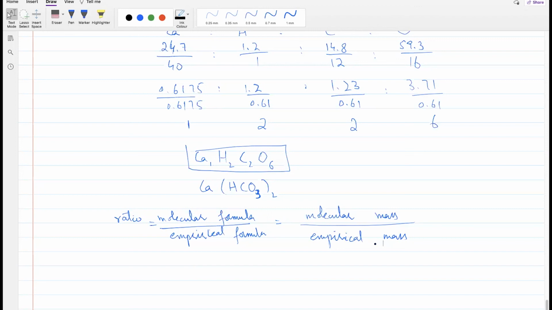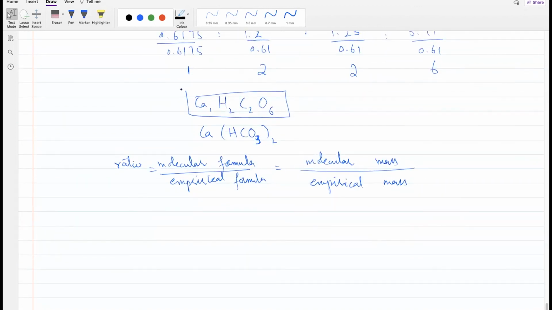So let me give you an example. Let's suppose I have glucose. The formula of glucose is C6H12O6 and its MR is 180. Now if I figure out the empirical formula, I can divide all of it by 6 and I'll get CH2O. I've divided by 6, right?